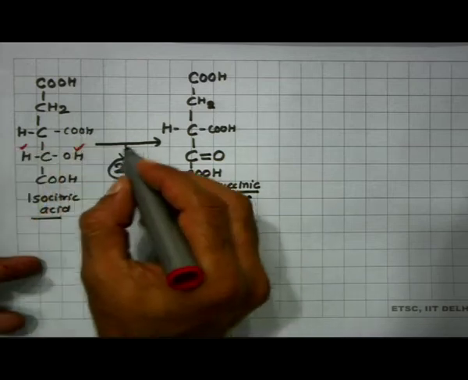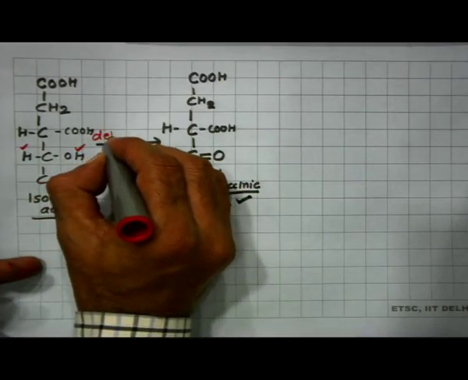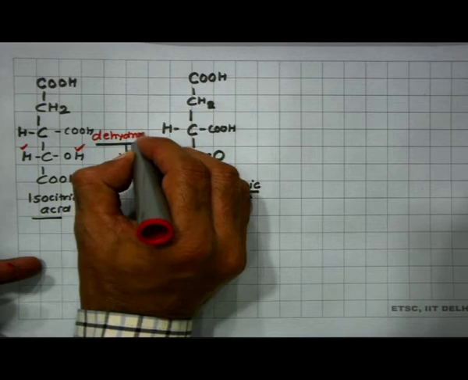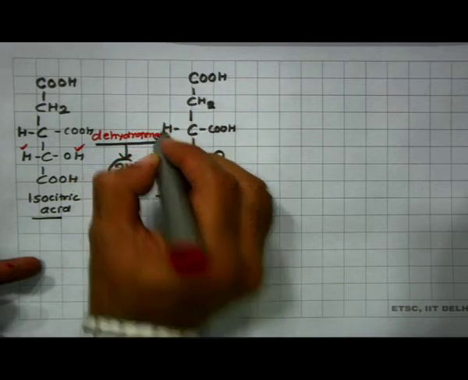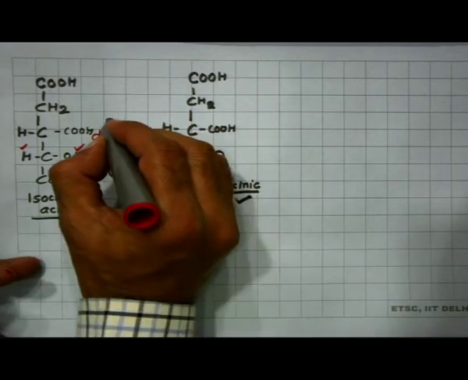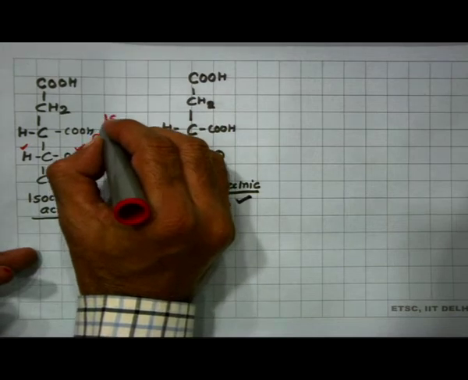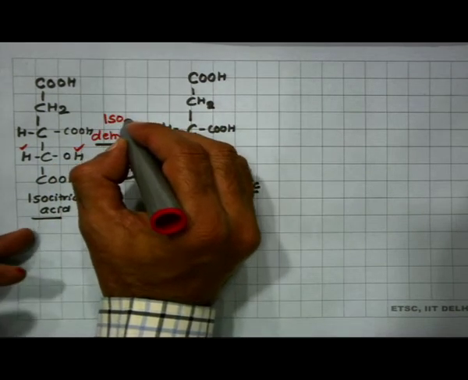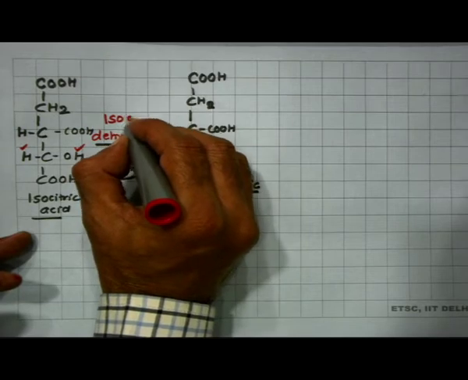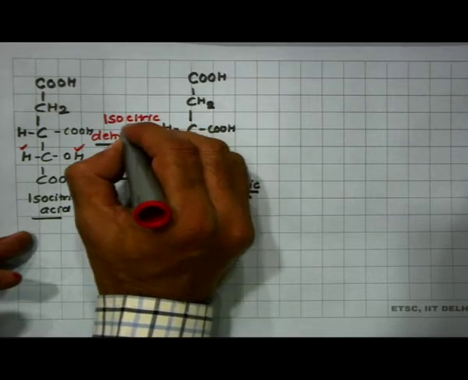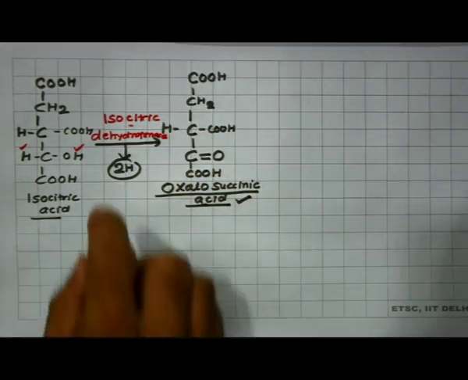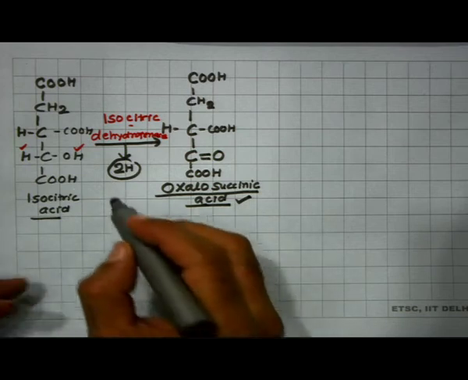The enzyme involved here is dehydrogenase. This enzyme is involved when we add the substrate isocitrate, so it is isocitrate dehydrogenase. Now, what is the fate of this hydrogen?